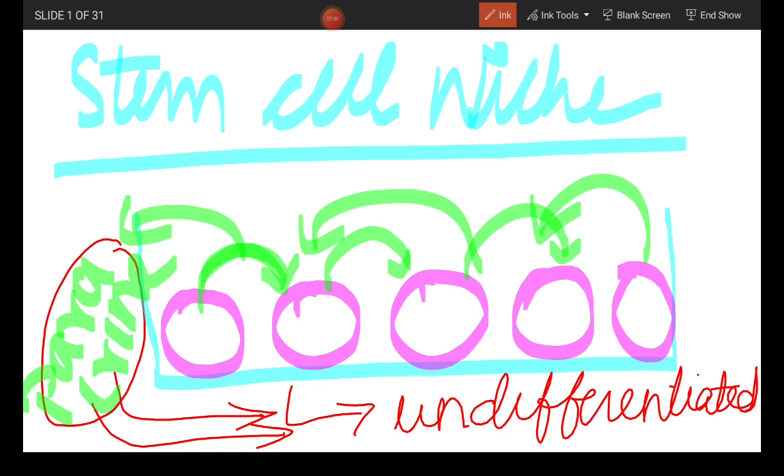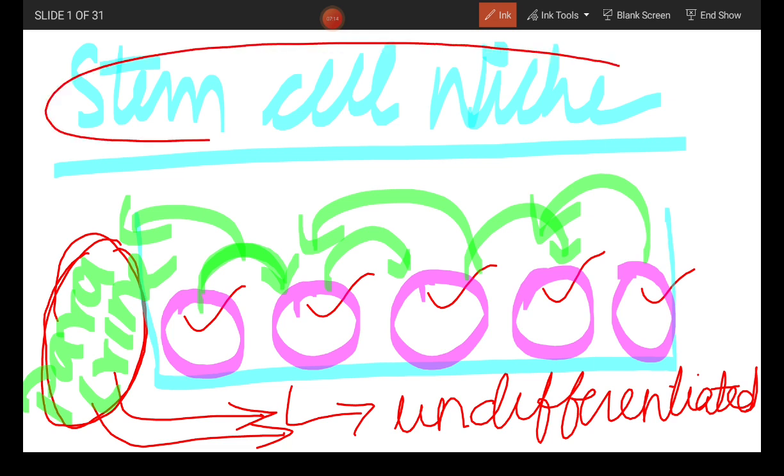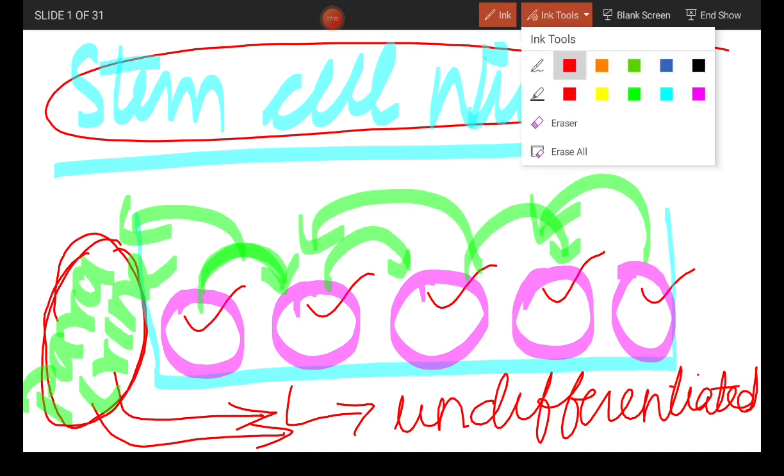So the stem cells are not committed and determined to become any particular type of cell. This nature is maintained by these paracrine factors. This environment is called a stem cell niche.